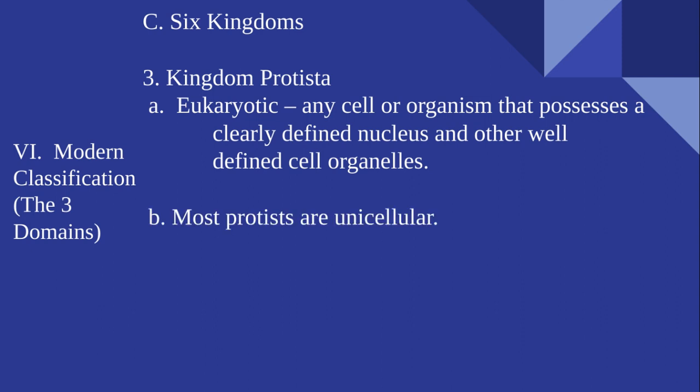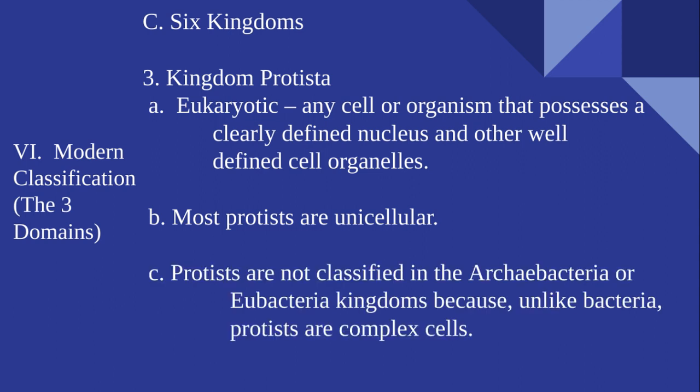A vast majority of protists are going to be unicellular. Mental reminder here that unicellular, the prefix uni, means single or one. So they are one-celled organisms. They are different from both eubacteria and archaea, or archaeabacteria, simply because they are considered complex cells.